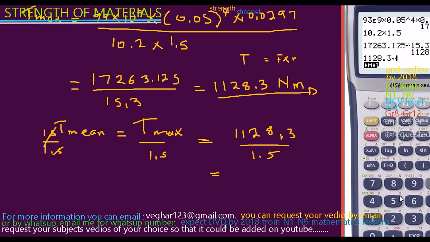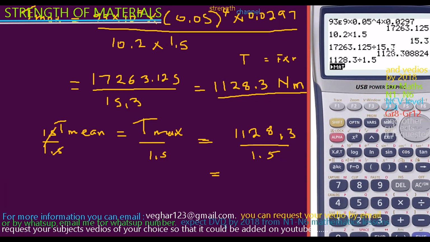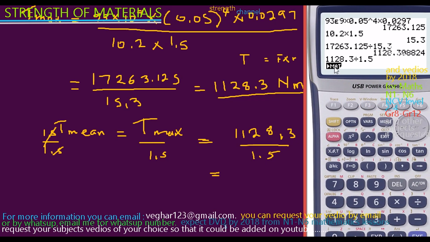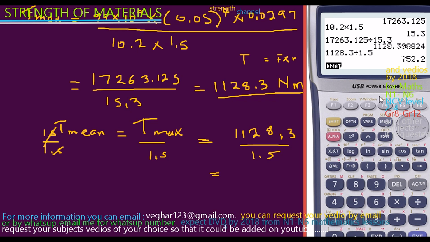1,128.3 divided by 1.5. It's not 1.5. This is 1.5.